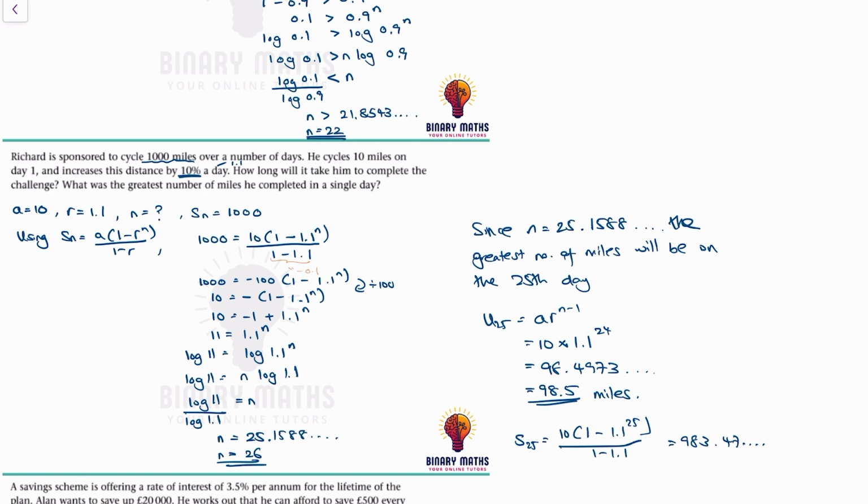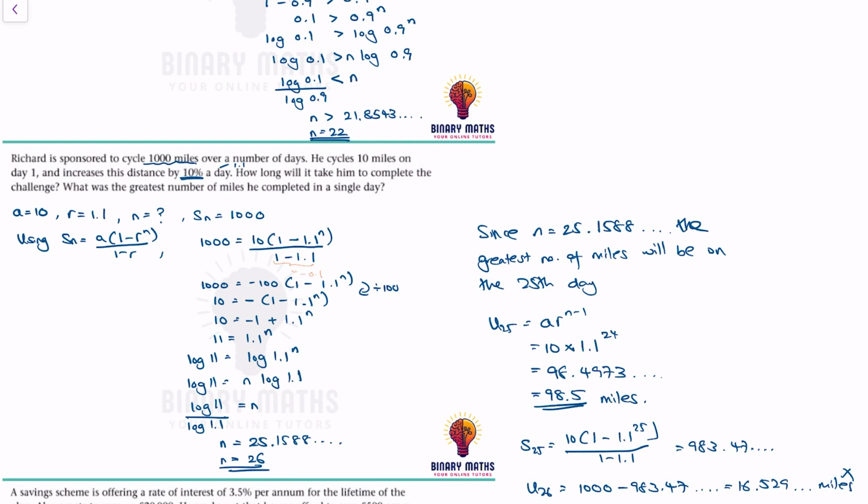So that's how many miles he cycled up to the end of the 25th day. So U26 will be equal to 1,000 miles, because that's how much he had to cycle, take away 983.47, blah, blah, blah, which is equal to 16.529 miles, which is obviously not more than 98.5, so it doesn't work out. Next question.